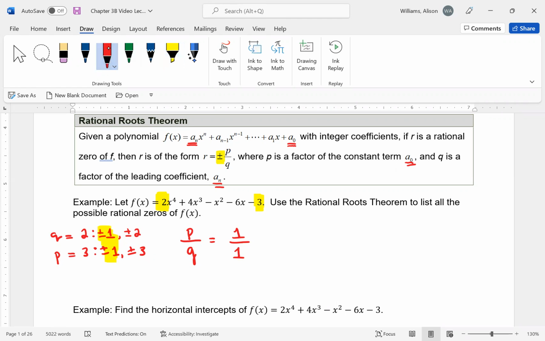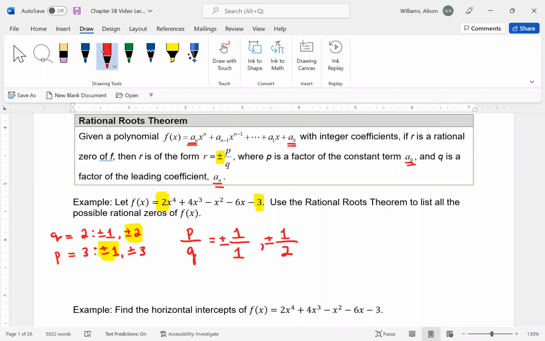And then plus or minus. Then if P is 1, it could also be paired up with the other factor for Q, which is 2. So I'm pairing up those two now. And then plus or minus.